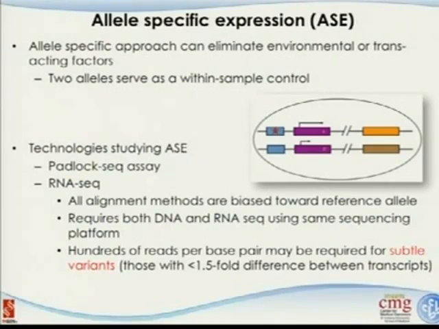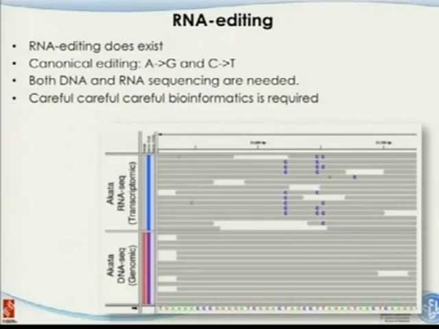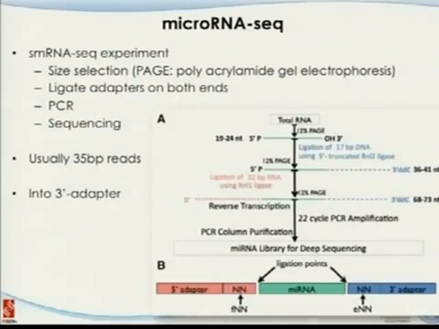In many situations it's very, very difficult to get through that. And we also talked about RNA editing, and it does exist, and it's controlled, and it's not random error. And with RNA sequencing, if you do the experiment right, you can identify those. Okay? And I'm not going to go into details on that.